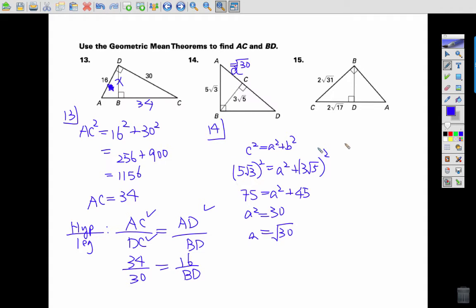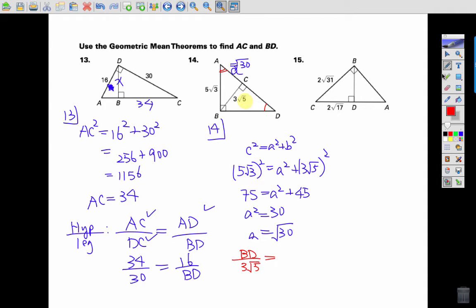I think there is. I'm going to use this red color. Notice in this yellow triangle, I have my BD is my hypotenuse. My BC is a leg, 3 root 5. That faces tick mark 1, right? 1 tick mark. That would be 2 tick mark.